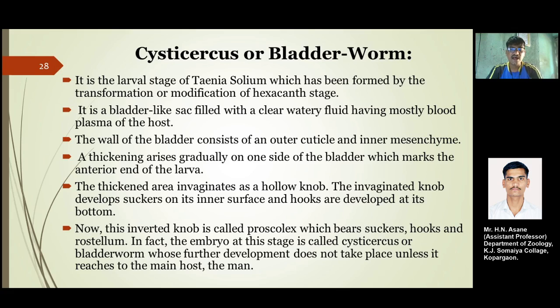It has to find its main host, that is the man, its primary host. If that cysticercus does not find the main host, further development of that bladder worm is not going to occur.